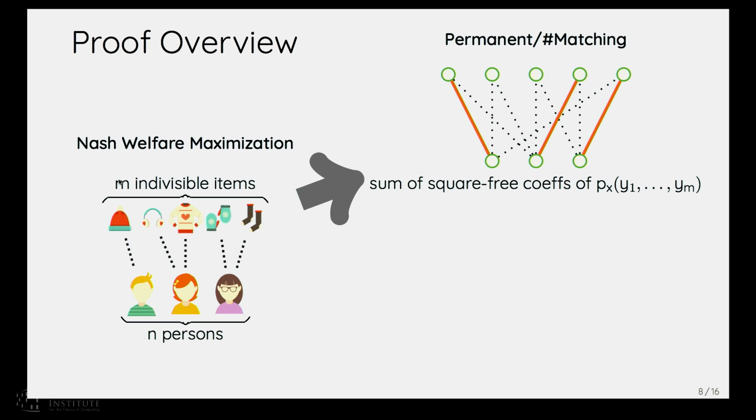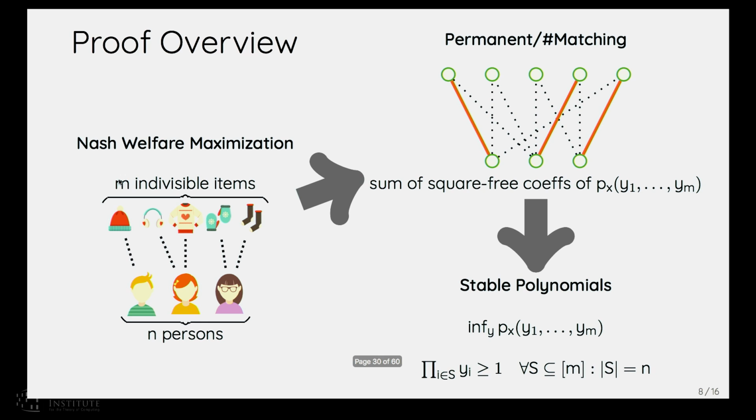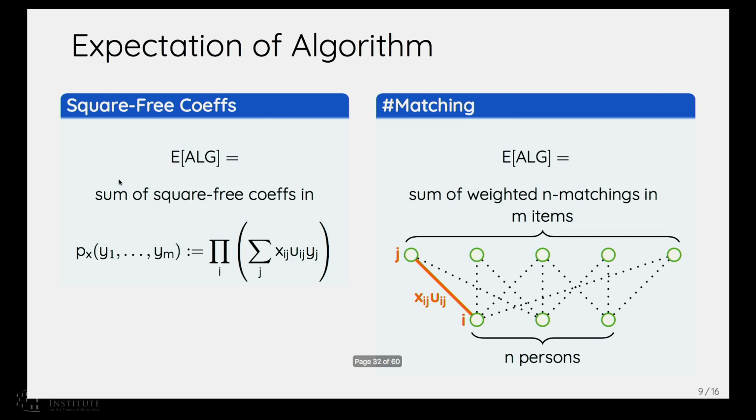I'm going to first prove that the algorithm that I use to round the fractional relaxation gets a value of the sum of square-free coefficients of that polynomial, using a notion of bipartite matchings. Then I'm going to show that this value can be approximated using what appeared in my relaxation. So this step is using the machinery of real stable polynomials, and this step is just based on an intuition on bipartite graphs. So let's do this step first.